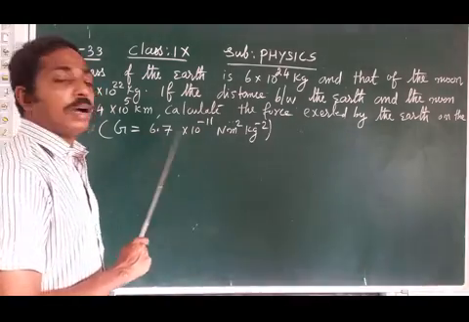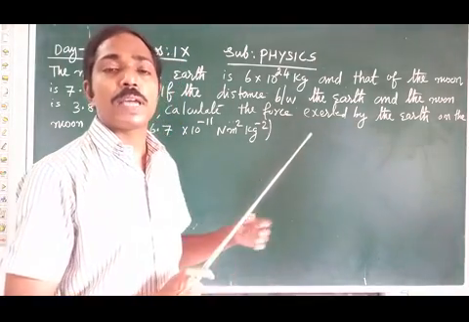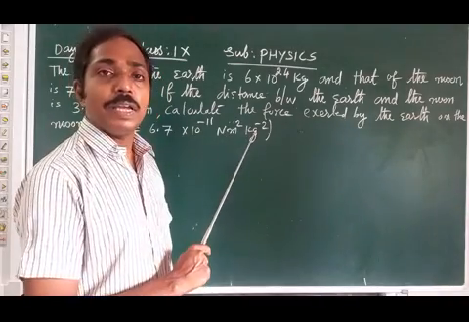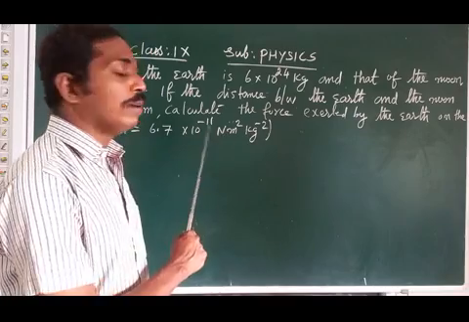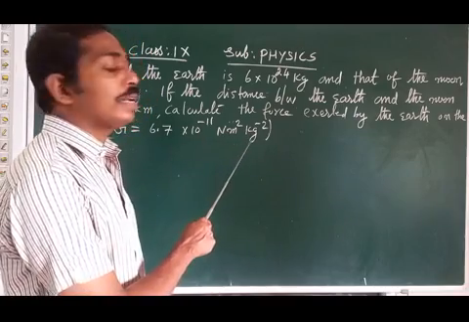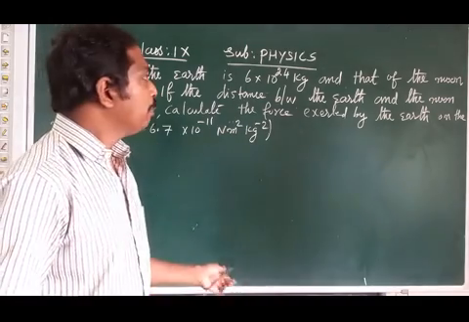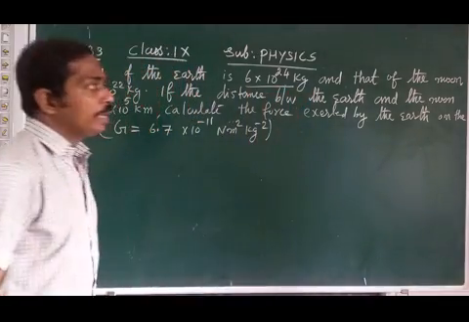Here approximately is given, for simplification of the problem. Instead of 6.673 we round it as 6.7 into 10 raised to minus 11 Newton meter square kilogram raised to minus 2. Note down the mass of the earth, this is the mass of the earth only.